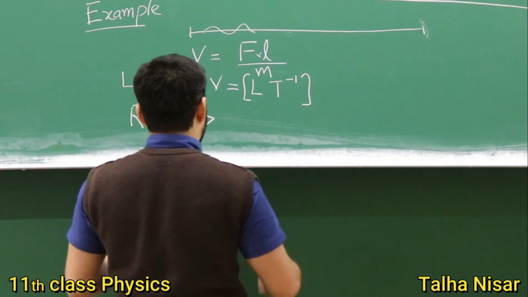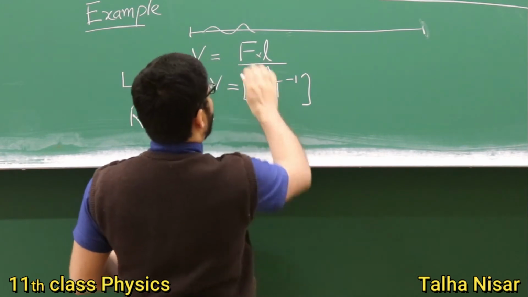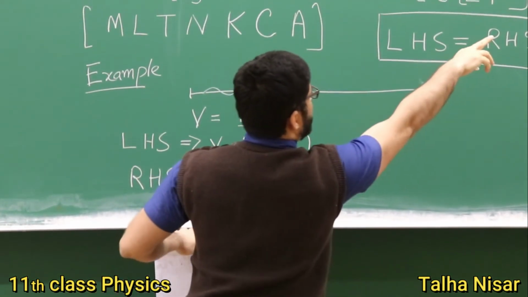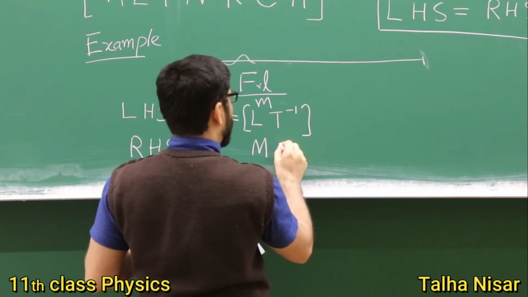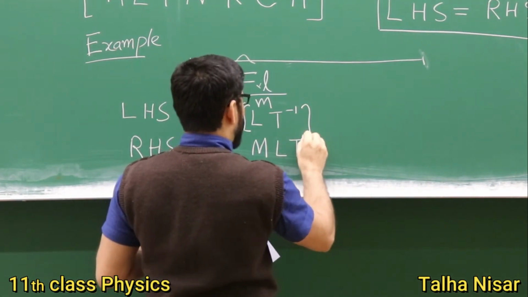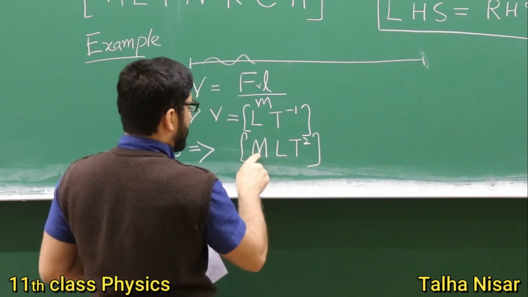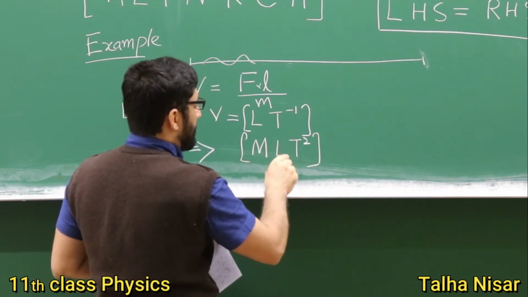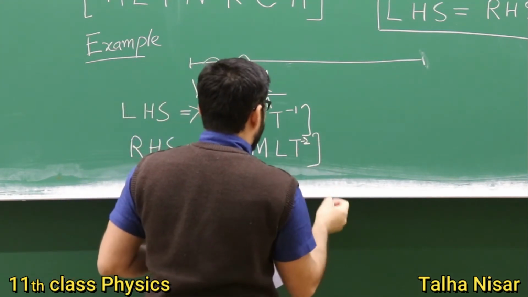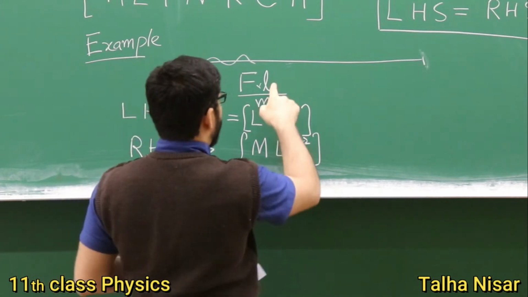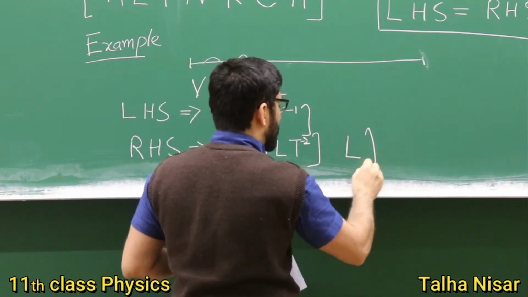We have the force, and force we saw the dimension is M L T^-2, so the force is mass multiplied by acceleration. Then we have L, which is on the right hand side, so we write L.